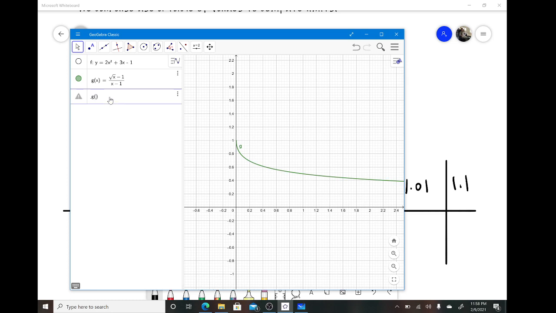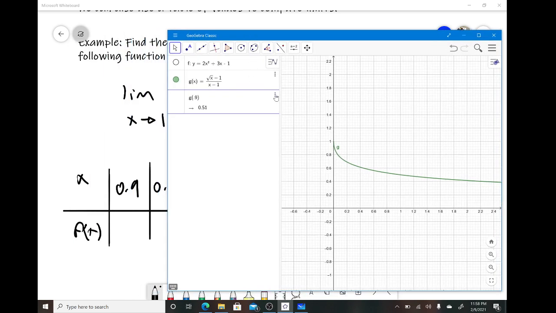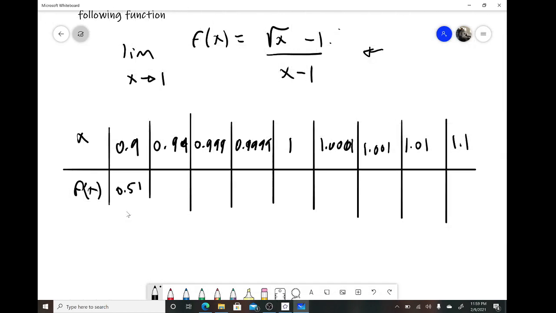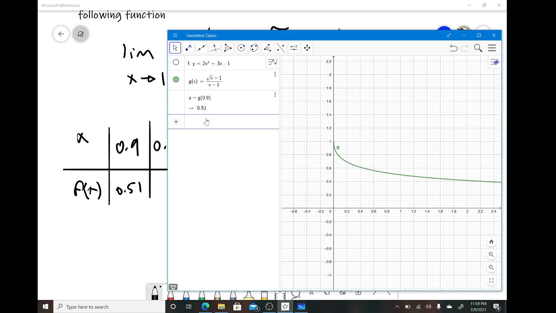So g of 0.9 is 0.51. I wonder if GeoGebra could give it to me with a better output. Anyway, we get 0.51. Now for g of 0.99, we get 0.5.